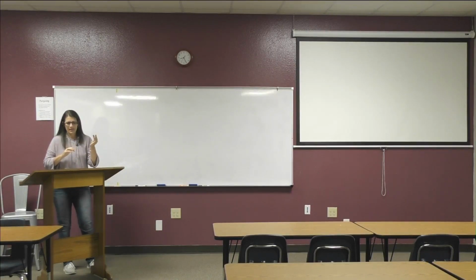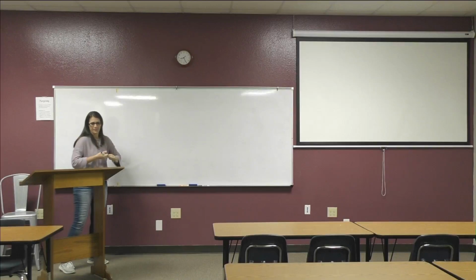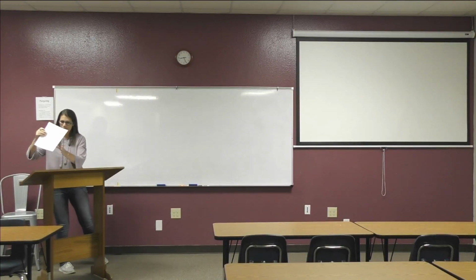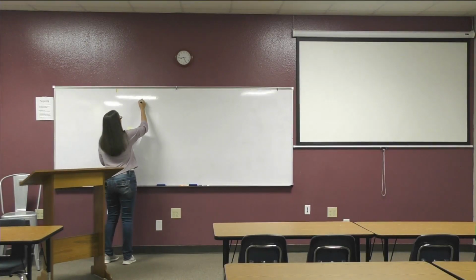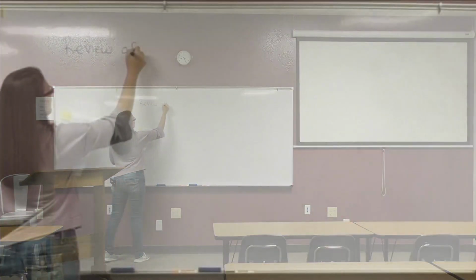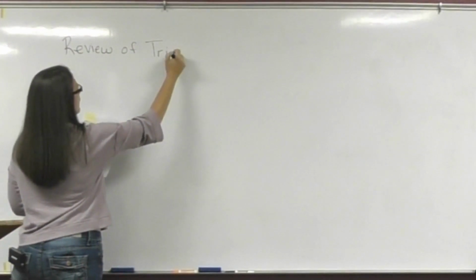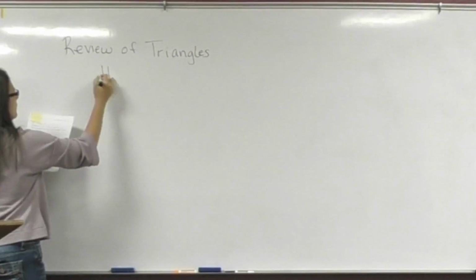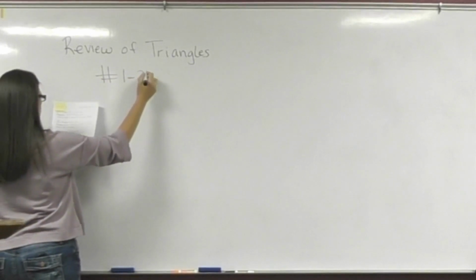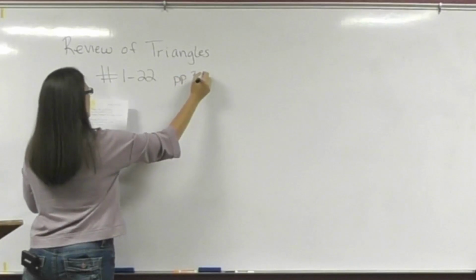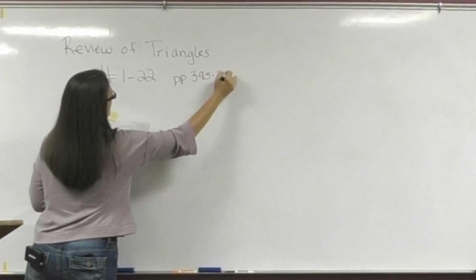And so today, I want you to do the review of triangles, numbers 1 through 22 on pages 395 to 397.